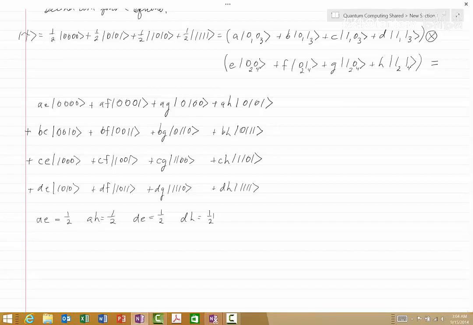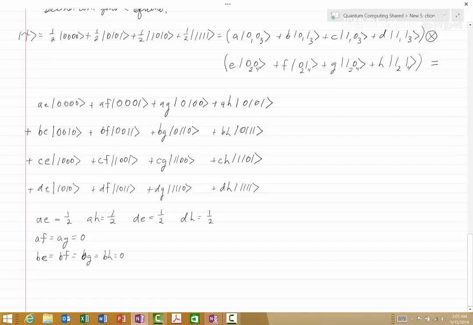So to make sure that's clear, AF equals AG equals 0 in the first line, and everything in the second line, all the terms beginning with B are 0. So BE equals BF equals BG equals BH equals 0.